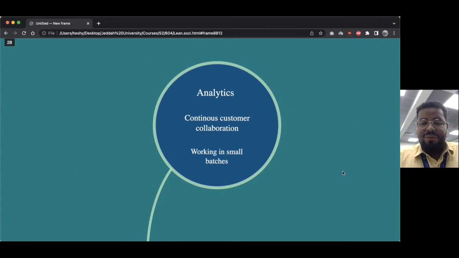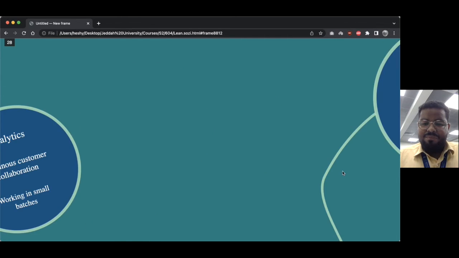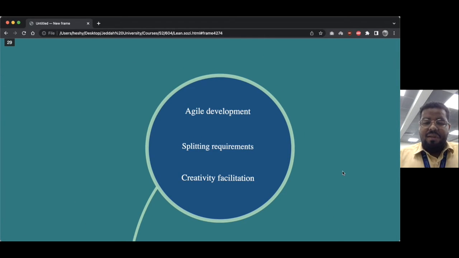Analytics: study how your product is selling or how your design is progressing. And continuous customer collaboration. They are the ones who are paying for the product. And work in small batches instead of trying to create very big campaigns. Then consider agile development.